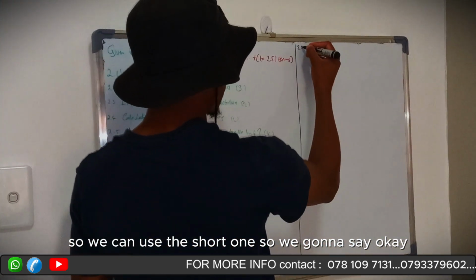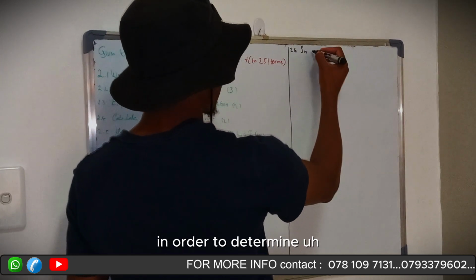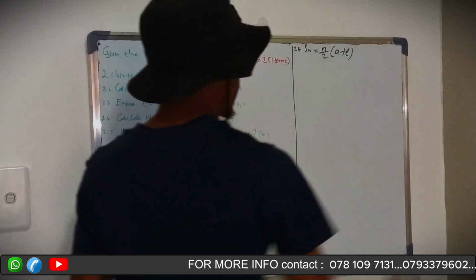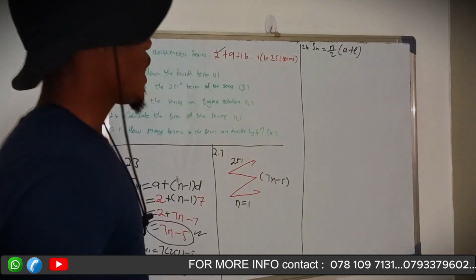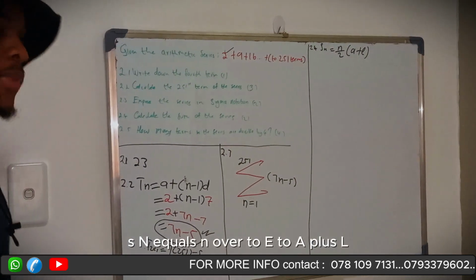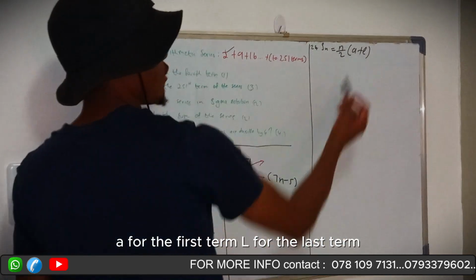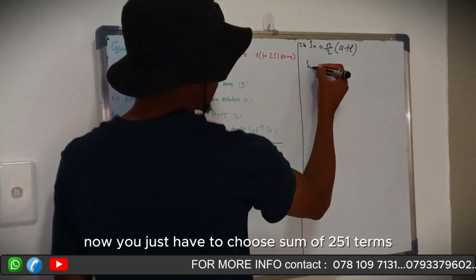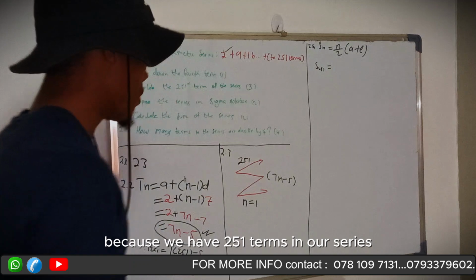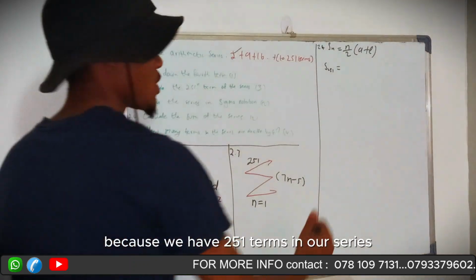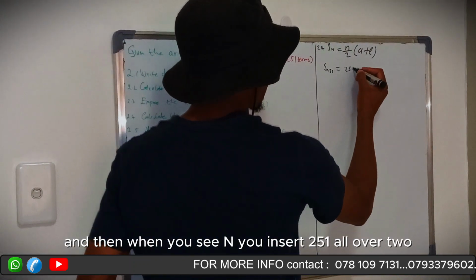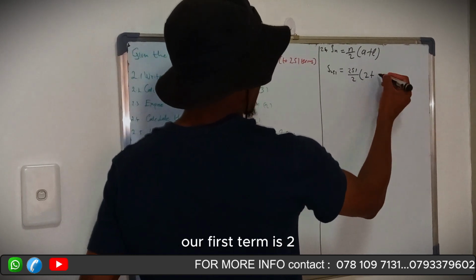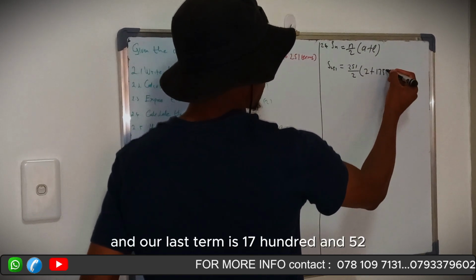In order to determine our sum, we're going to use this: Sn equals n over 2 into a plus l. A for the first term, l for the last term. Now, you just substitute: the sum of 251 terms because we have 251 terms in our series. When you see n, you insert 251 all over 2. Our first term is 2 and our last term is 1752.